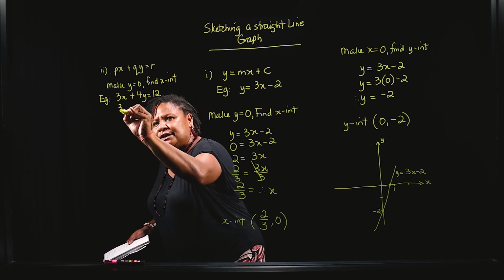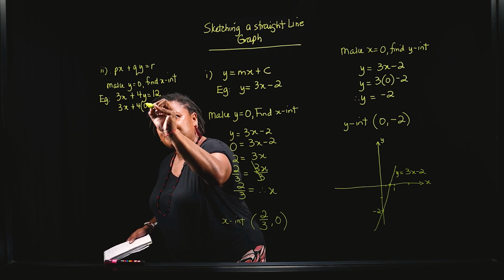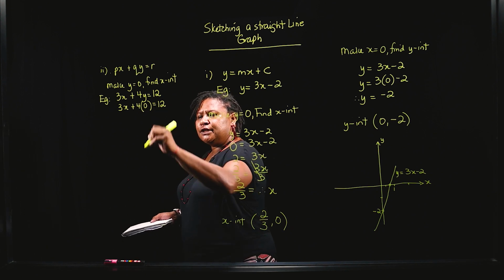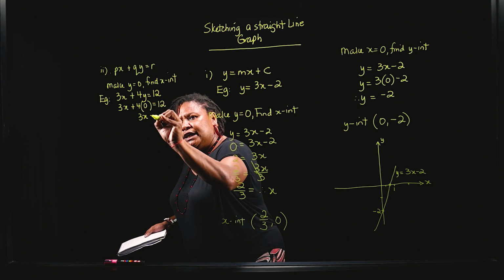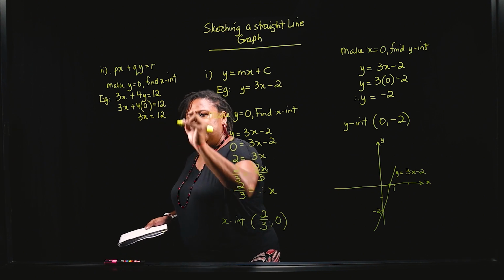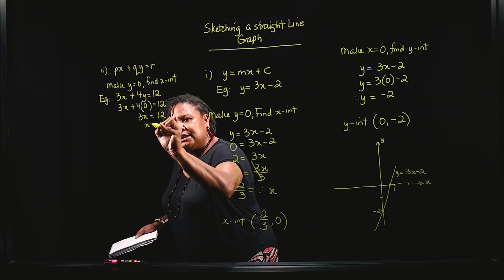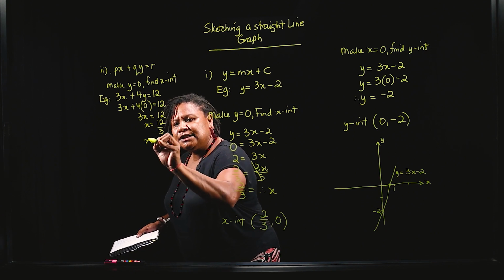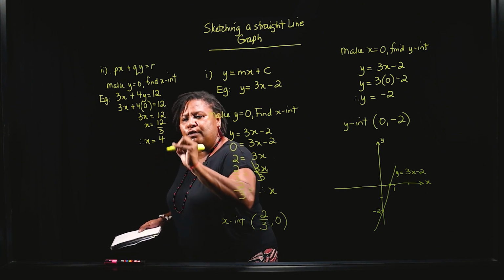So 3x plus 4 times 0 equal to 12. All right, 4 times 0 is 0. We are left with 3x equal to 12. Divide both sides by 3. x equal to 12 over 3. x is therefore equal to 4.